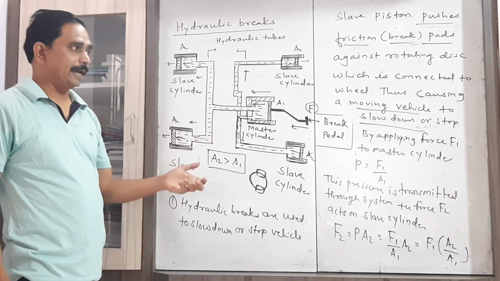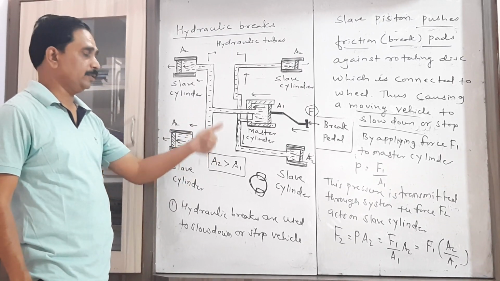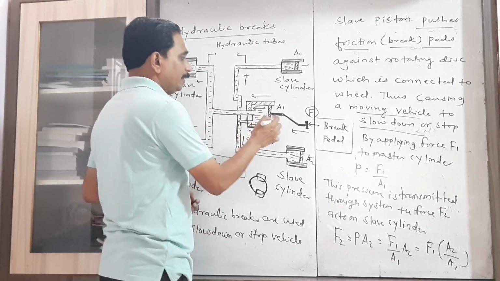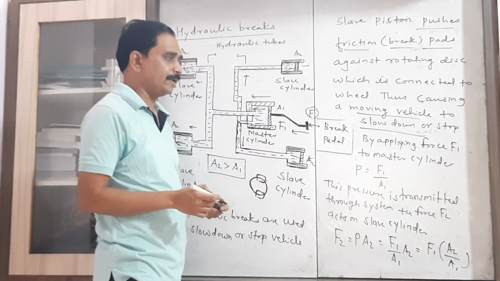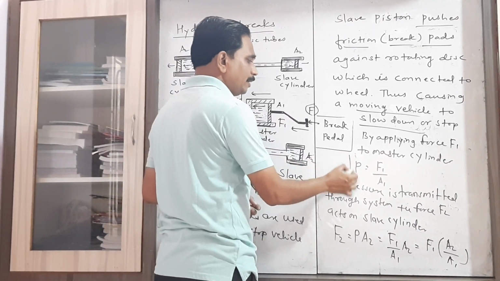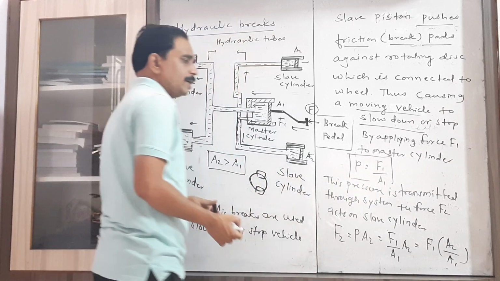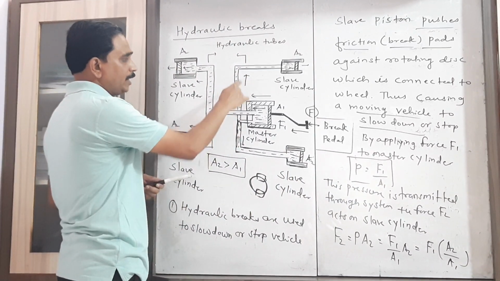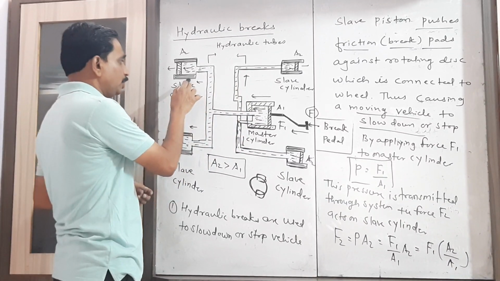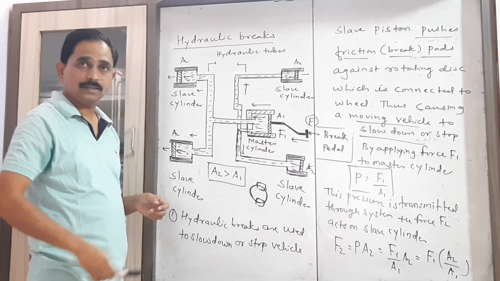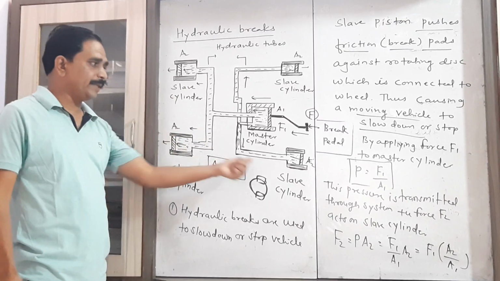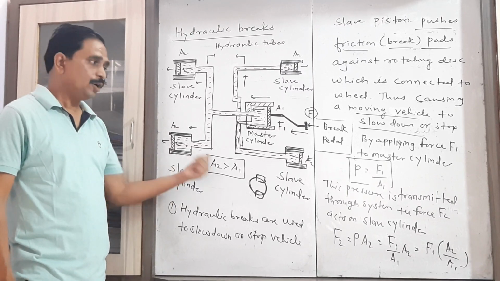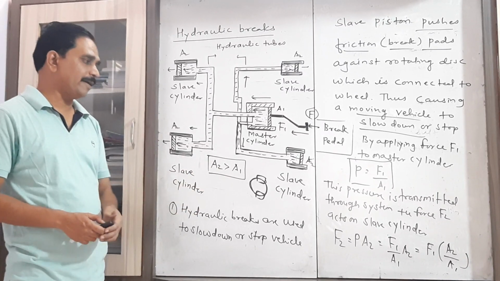So here, by applying the force F1 to the master cylinder, the pressure created is given by P equal to F1 by A1. This pressure is equally transmitted to the four slave cylinders, because of which the piston of each slave cylinder experiences a force, which we consider as F2.